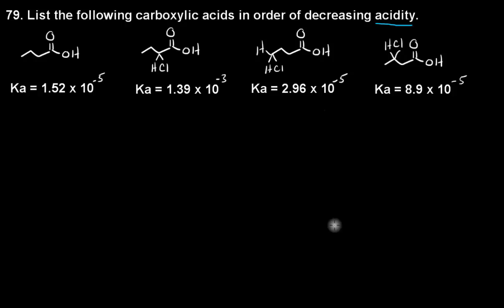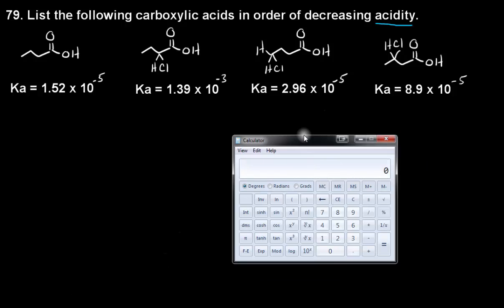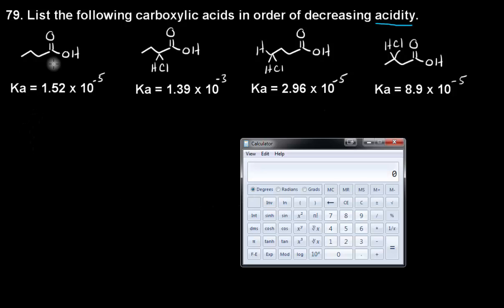Just real quick, if that's not intuitive, I'll pull up a calculator. What we have here is 1.52 times 10 to the minus 5. Let's put that in decimal form so it's easy to compare and contrast. I'll take the 5, make it negative, 10 to that times 1.52.